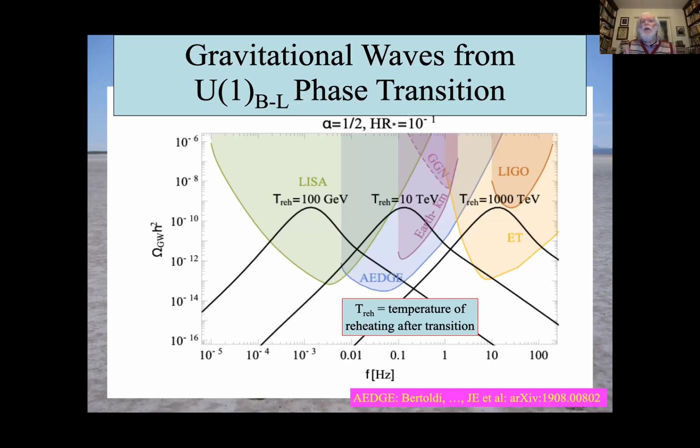Let me take another example. This is where you supplement the standard model with a U1 gauge boson. Depending on the mass scale associated with this U1 gauge boson, you could have a detection with LIGO or a successive experiment, or AION or EDGE in the mid-frequency band, or LISA.